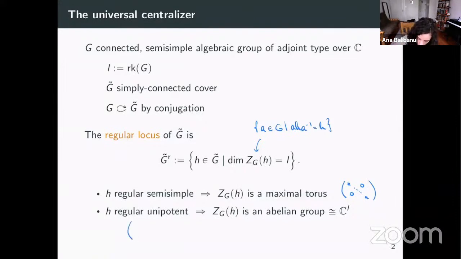So one example of a regular unipotent element in, say, SL_3 looks like this. And then the adjoint centralizer of such an element is an abelian group that is isomorphic to an affine space. So in this case, our adjoint centralizer is living in PGL_3 and just looks like matrices with constant entries along each superdiagonal.